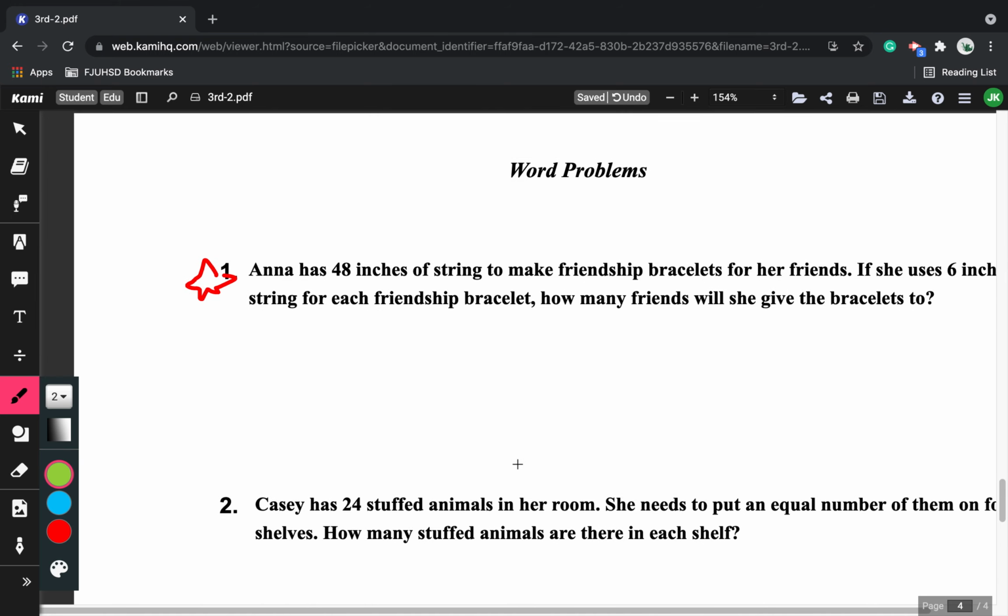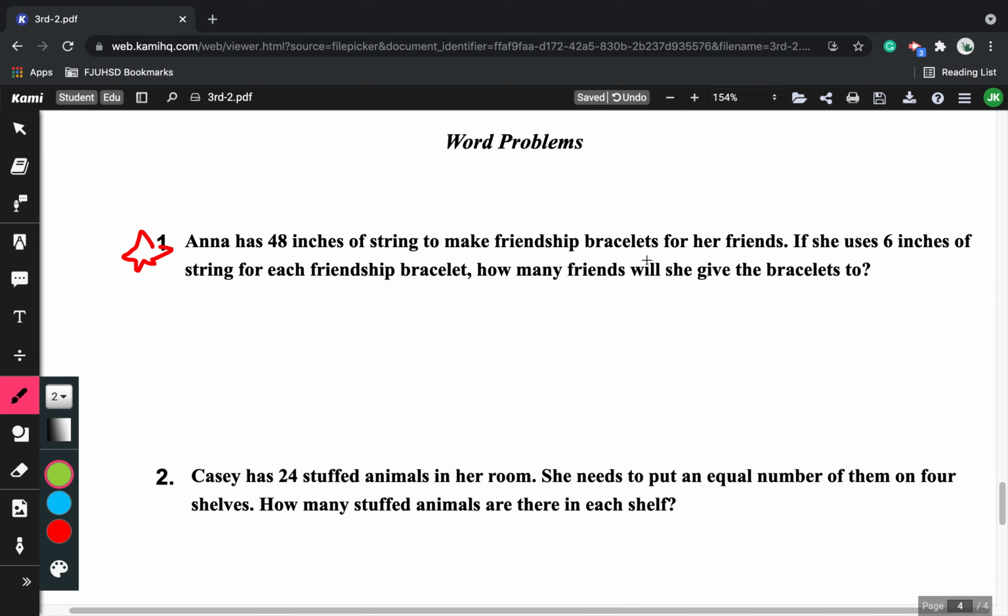Okay, we're going to do one word problem. Remember, when doing word problems, underline words with numbers, what they ask you, and keywords that will tell you the operation. So, Anna has 48 inches of string to make a friendship bracelet for her friends.